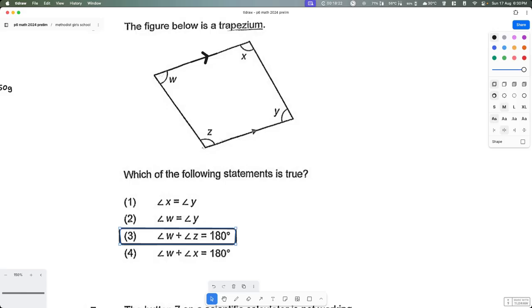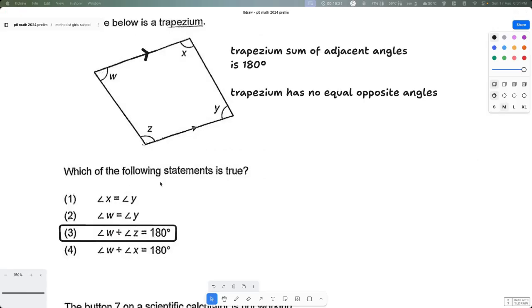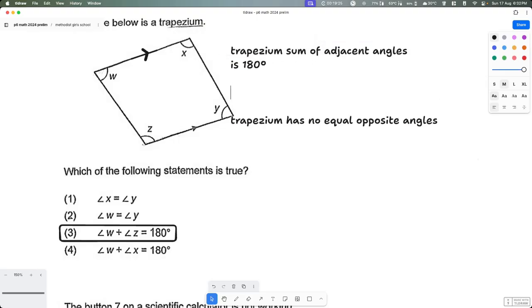Okay, let's move. So I'm going to put here: trapezium, sum of adjacent angles is 180 degrees. So in this case, angle W plus angle Z equals 180 degrees, right?